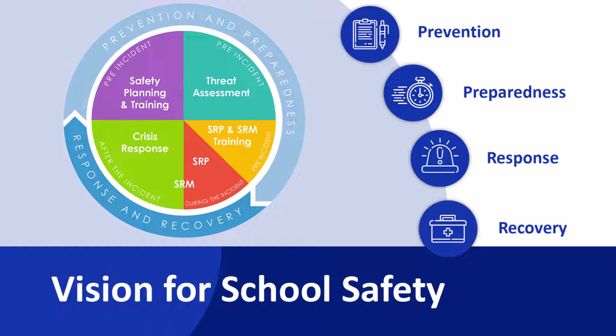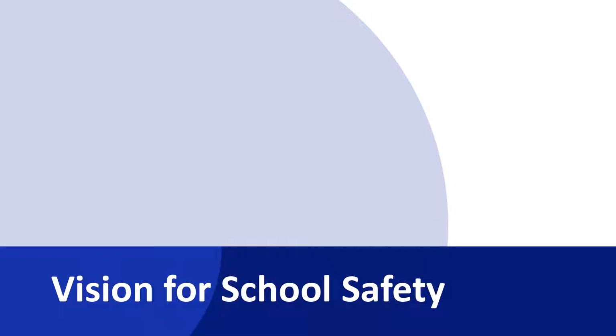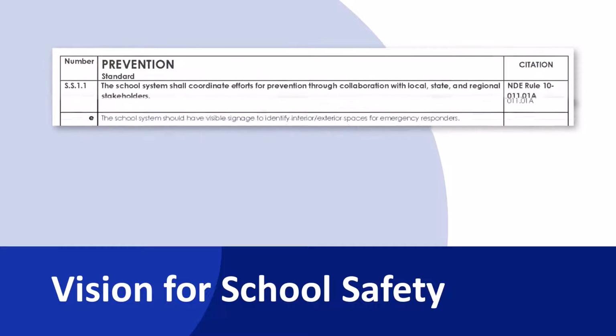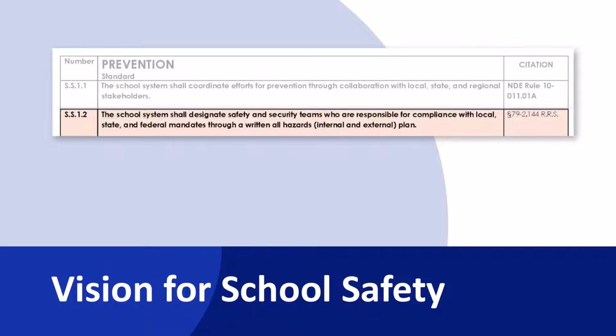Each safety and security standard is aligned with these four components of the NDE vision and has associated indicators nestled under it. These indicators provide further detail about the standard. For example, under Prevention, Standard 2 states the school system shall designate safety and security teams who are responsible for compliance with local, state, and federal mandates through a written all hazards, internal and external, plan.